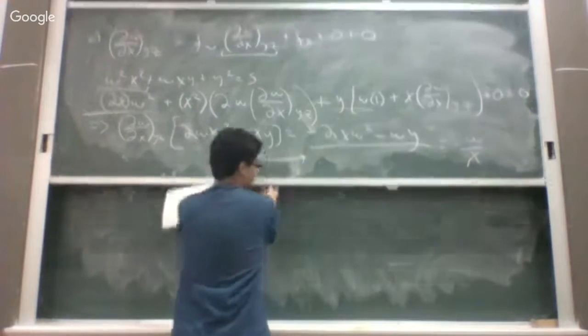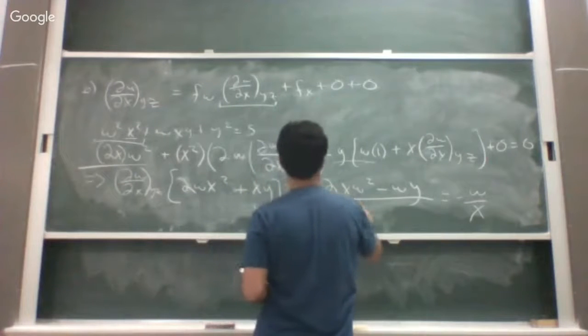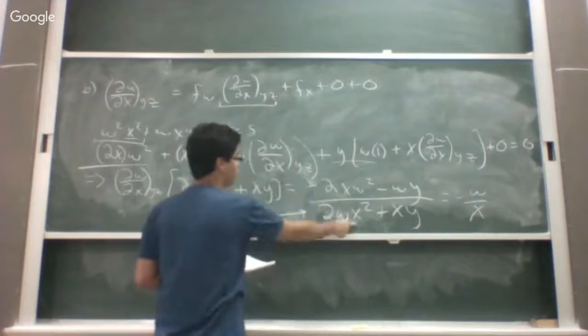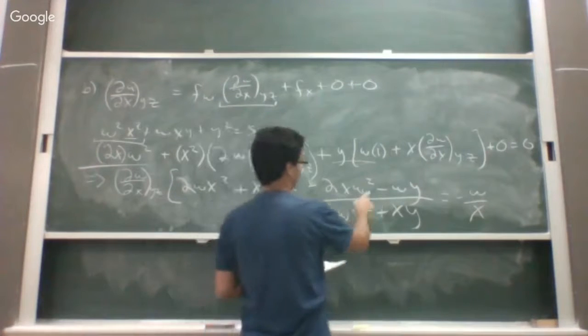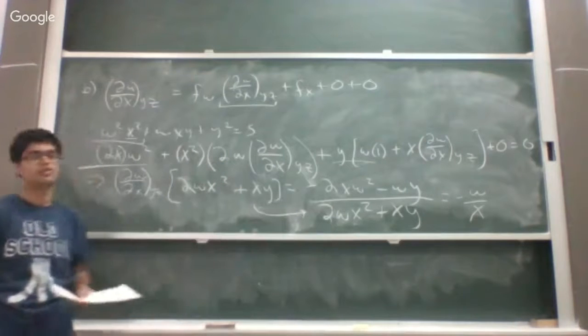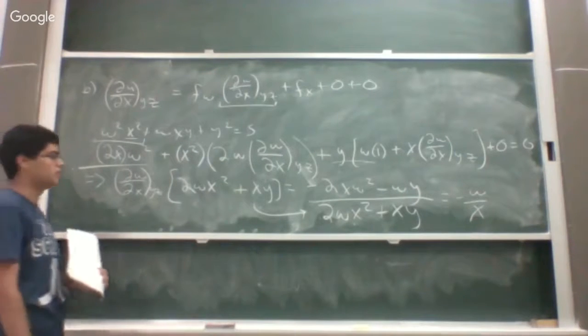Really? It really can? Yeah, let me rewrite it. X from here, and you take out a w from here, and it simplifies to negative w over x. Do you guys see that?